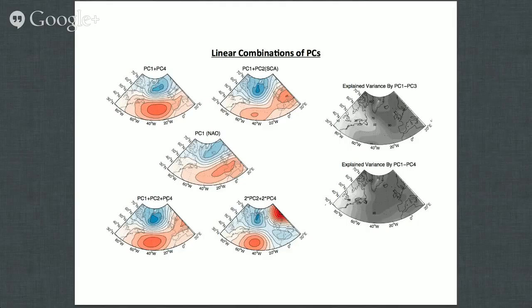If you combine the first, second, and fourth, you get this kind of pattern. And if the second and fourth modes are strong enough, you don't even need the NAO to generate a stronger pressure gradient over the Labrador Sea, as shown here.